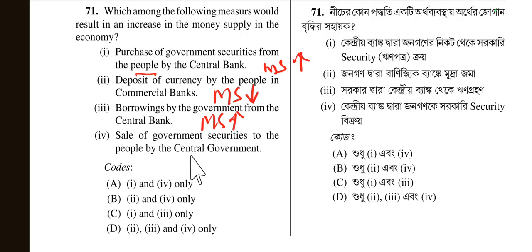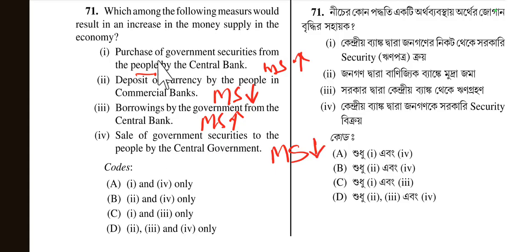Then option four, sale of government securities to the people by the central government. If the central government sells securities to the people, then people buy securities, and money comes from the people to the central bank. Here money supply decreases.